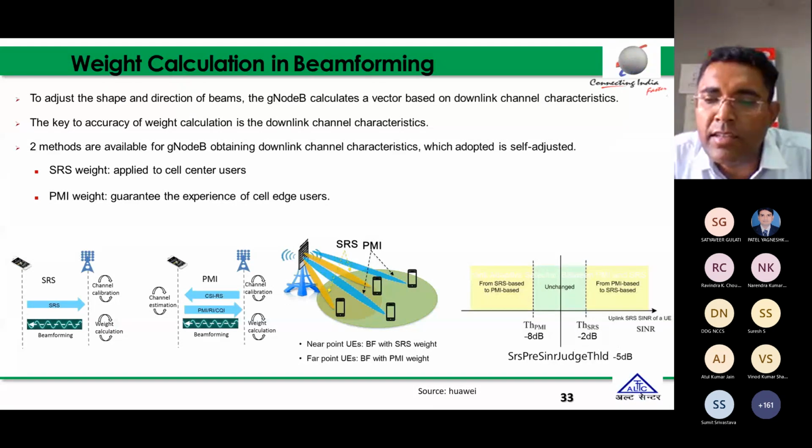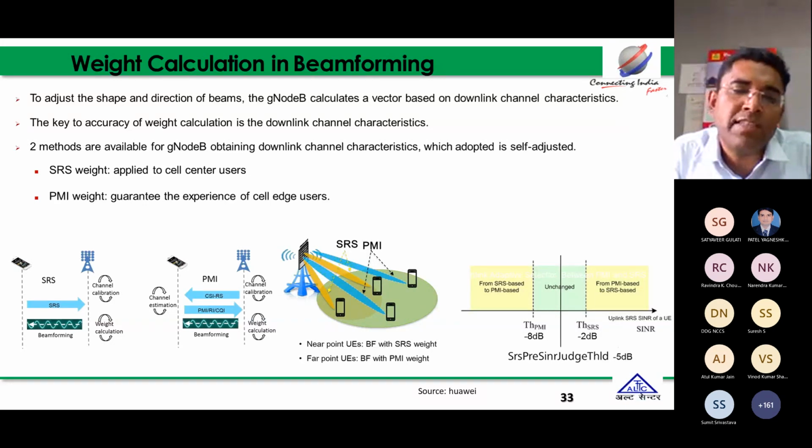You can see here, if you want to change from SRS to PMI base or from PMI to SRS base, thresholds of 2 dB and 8 dB are configured in the gNodeB, so that it automatically adjusts whether it calculates weights SRS based or PMI CSI-RS based. So all this weight calculation is done by the gNodeB, whether it is SRS or CSI-RS. This weight calculation is actually important for implementing the beamforming.